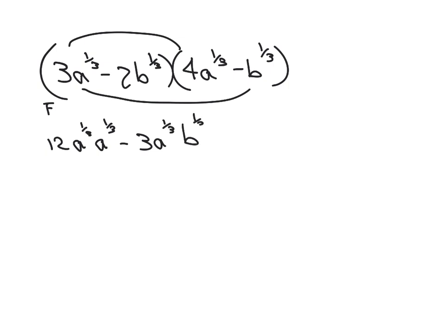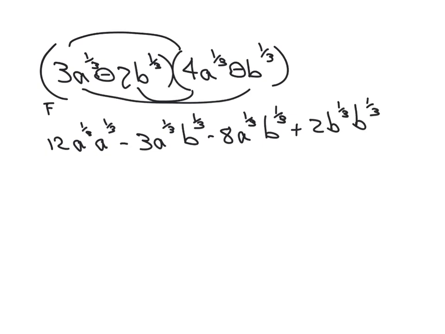So we're just putting our stuff in here, but I am multiplying the numbers when I can. Other than that, I'm just using my variables and writing the exponents next to each other. And then my last is going to be positive, because this and this give me a positive, 2b to the 1/3, b to the 1/3.